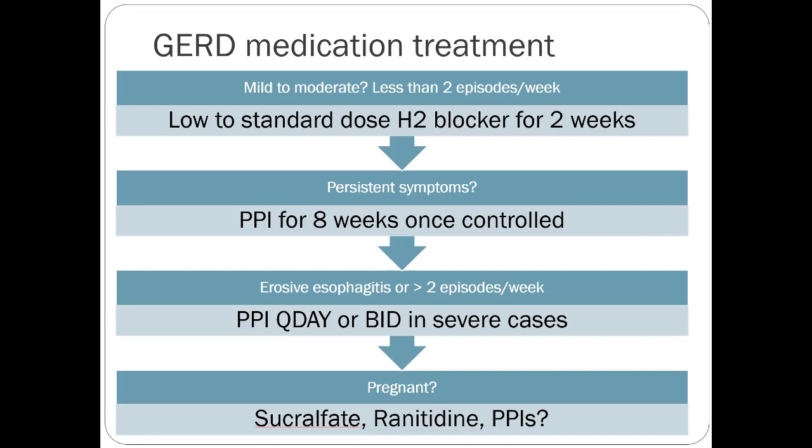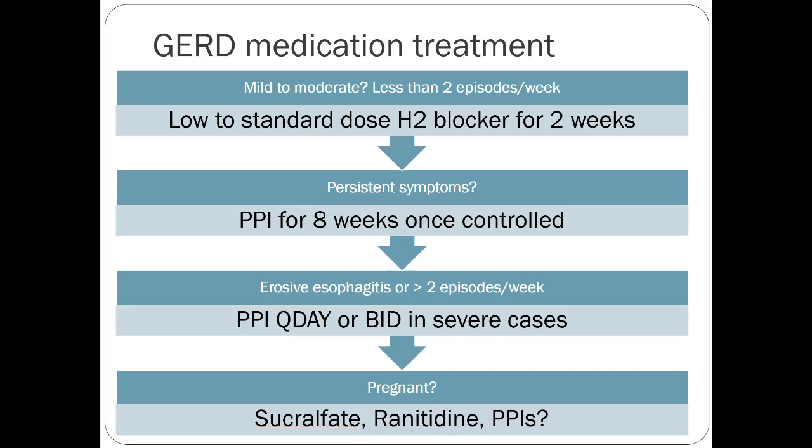So how do we treat GERD? Usually you're going to start with a lower standard dose histamine 2 blocker for 2 weeks. We always start with the H2 blockers for mild to moderate GERD. So this is somebody with less than 2 episodes a week, and that's just because, again, it works a little bit faster and it doesn't have quite as bad of long-term known side effects, or known potential complications, I should say.